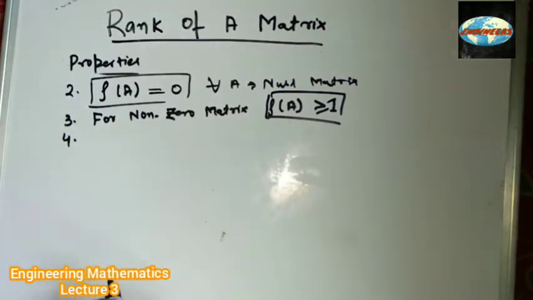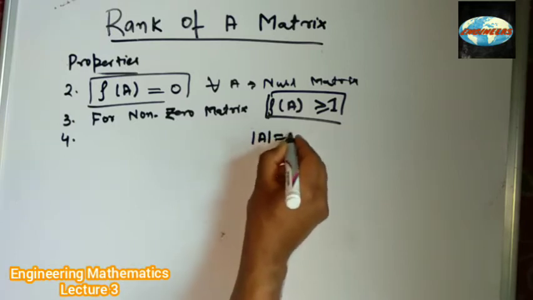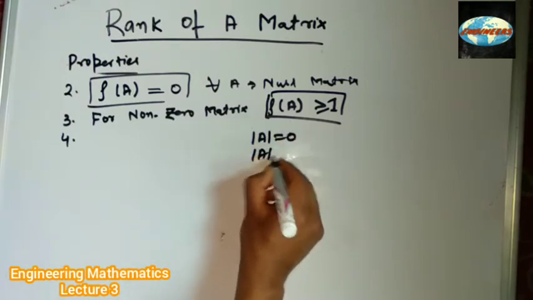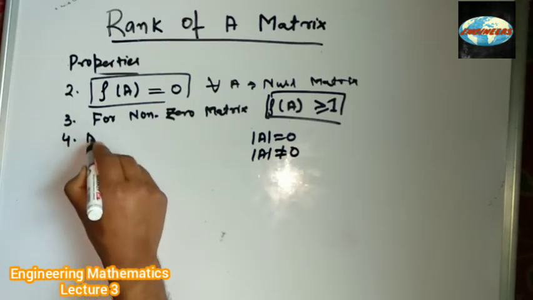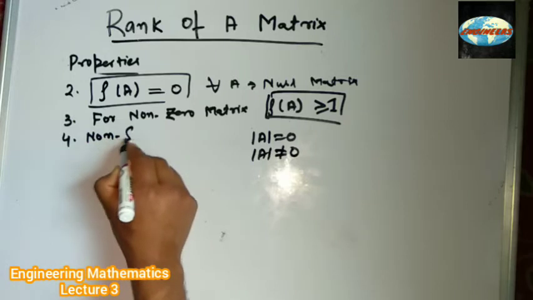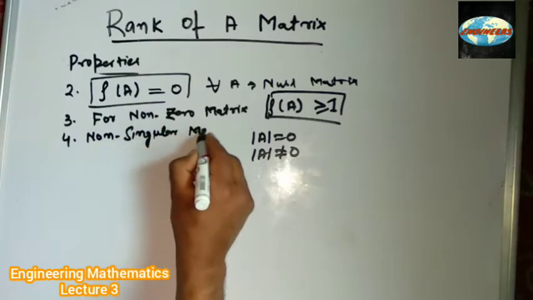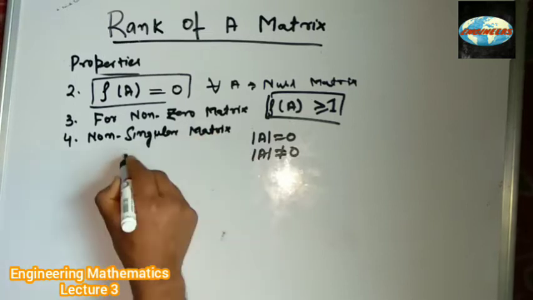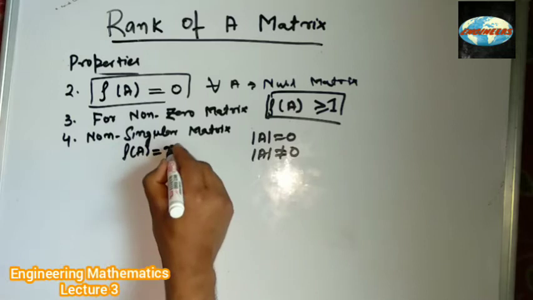Then the fourth property is rank of a non-singular matrix. We know what a singular matrix and a non-singular matrix are. Singular means determinant is equal to 0. Non-singular means determinant not equal to 0. So for a non-singular matrix, rank is always equal to the order, let's say that is n.